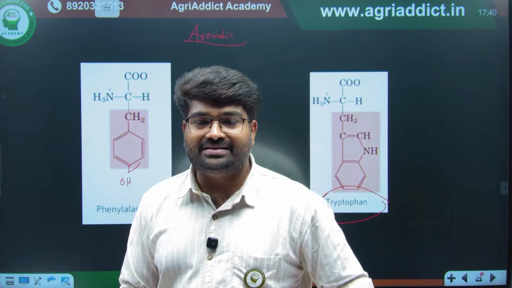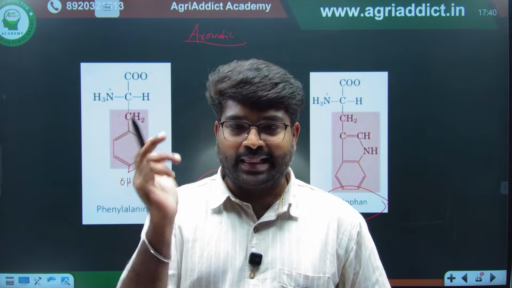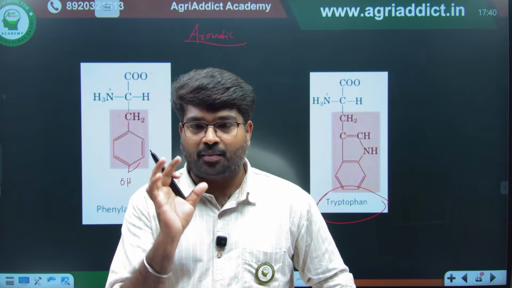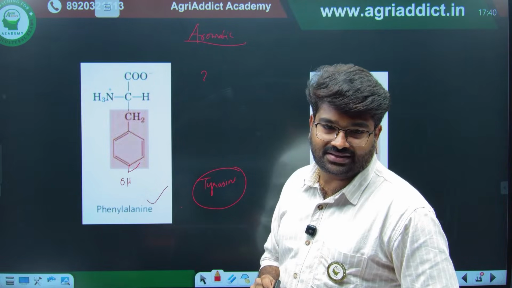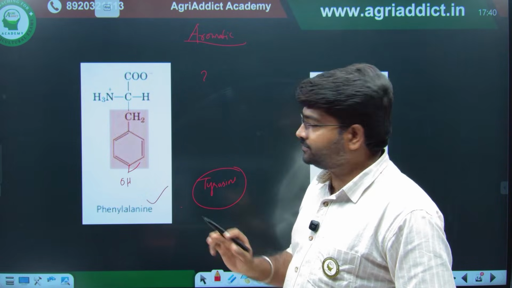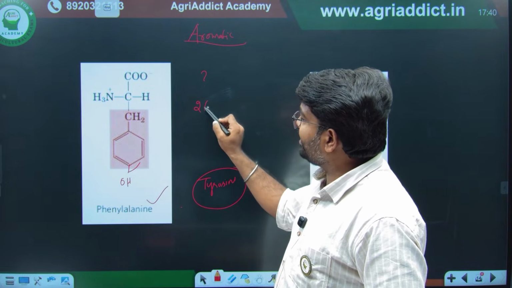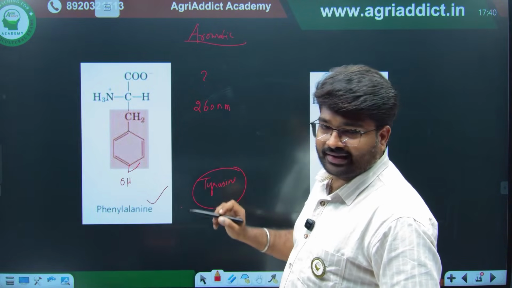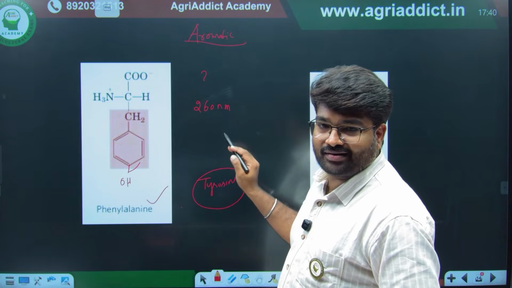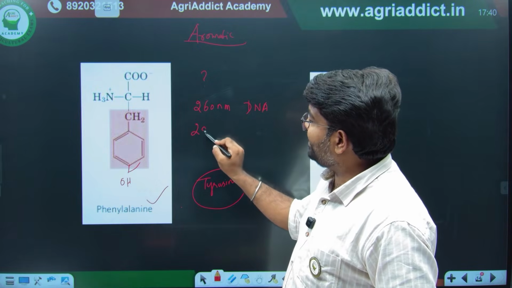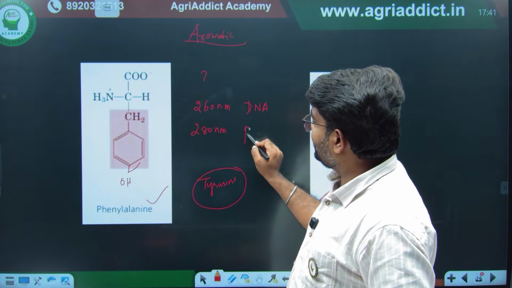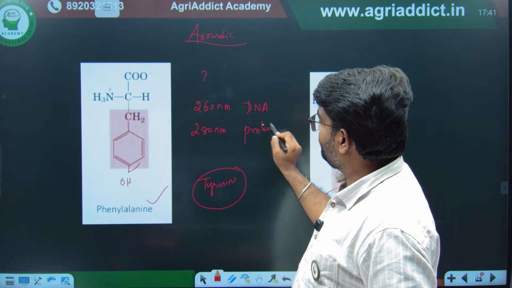The question they are repeatedly asking is at which nanometer of the UV range proteins have peak absorption. You have to remember, at 260 nanometer DNA absorption is maximum, and at 280 nanometer protein absorption is maximum.